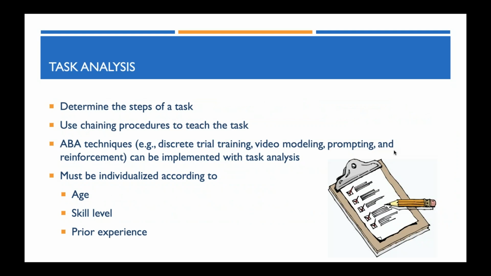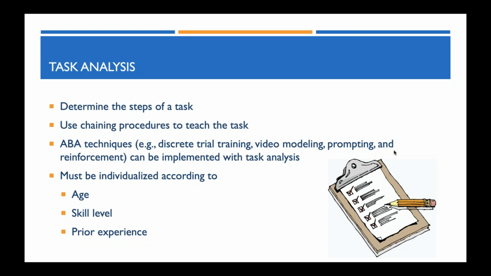To use chaining, you first have to determine the steps of a task. This is called a task analysis. The number of steps involved in a task analysis will really depend on your learner's ability. Some children will require many steps, while others only a few. Once a task analysis is developed, chaining procedures are used to teach the task.